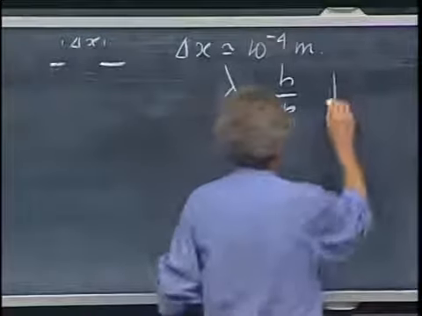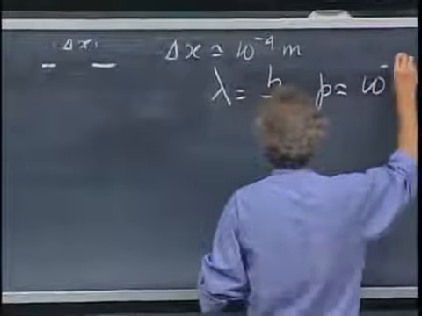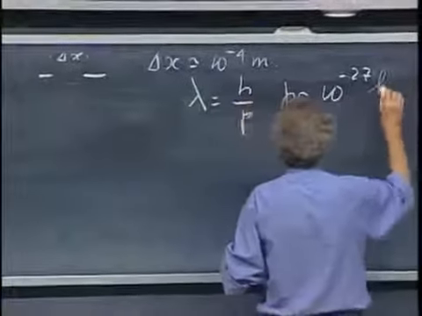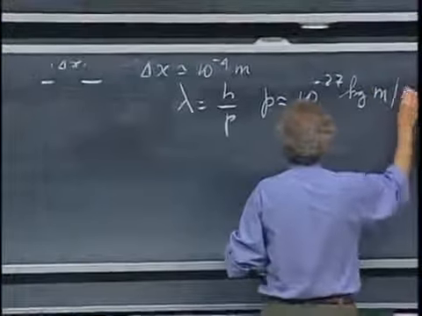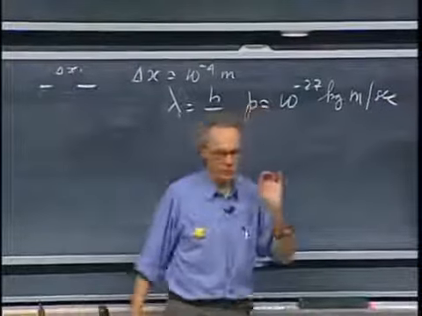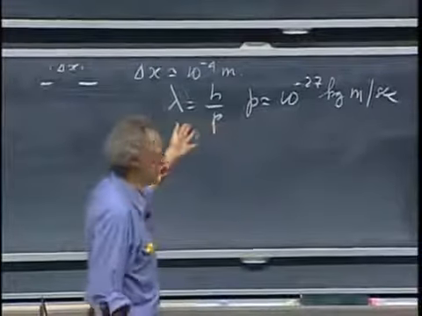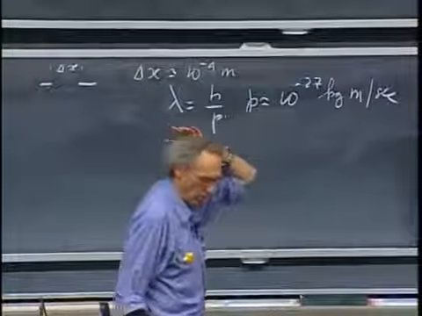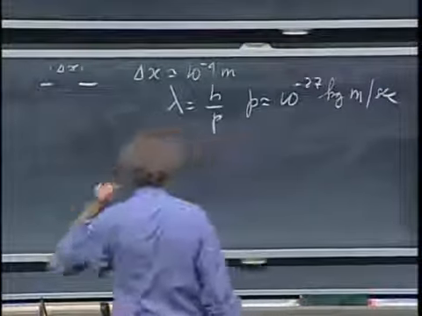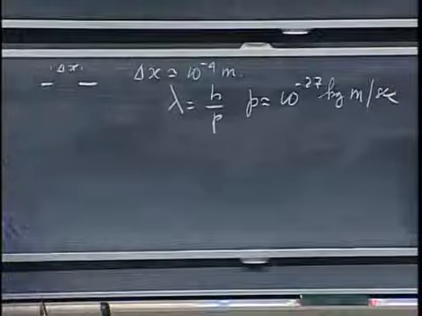I have done that. Take my word for it. It is about 10 to the minus 27 kilogram meters per second. That's the momentum of the individual light photons. Think of them as particles, which you can do according to de Broglie. So now, I have a delta p.